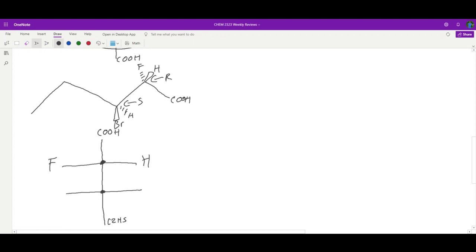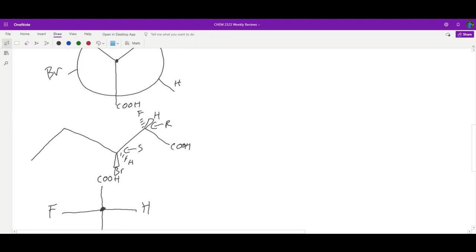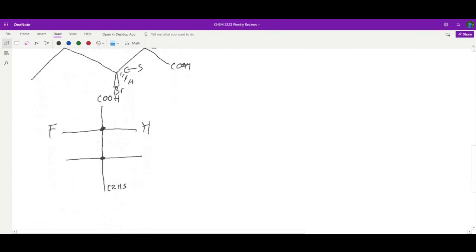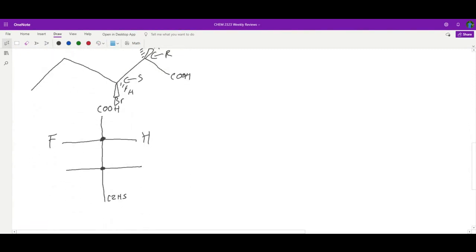Fisher, unlike Newman where we said our wedges and dashes are going to be on the same side, or rather my fluorine and bromine are opposite stereochemistry, right? So that means they're opposite on my Newman. That is not necessarily true for Fisher.